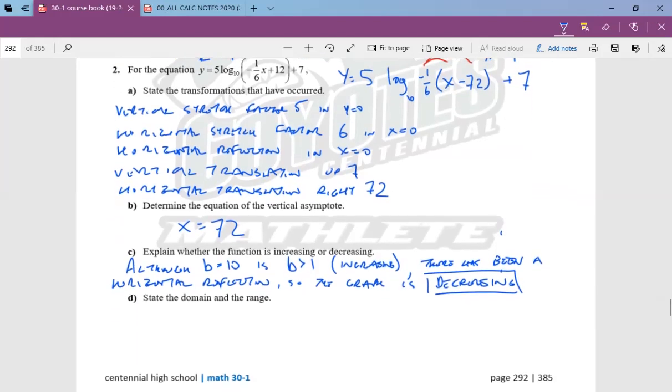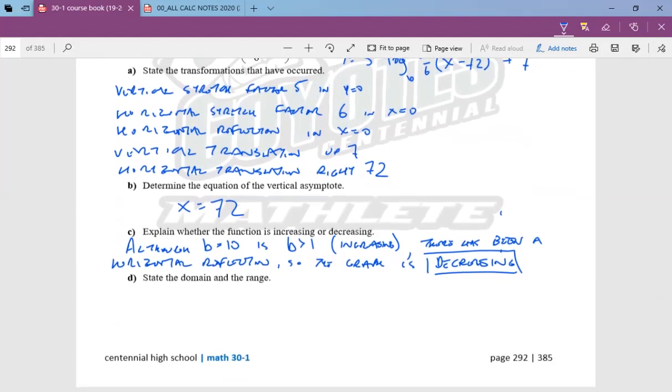Okay, and so then the last piece, state the domain and range. So here's 72, it's been horizontally reflected, and it's going to look something like this.